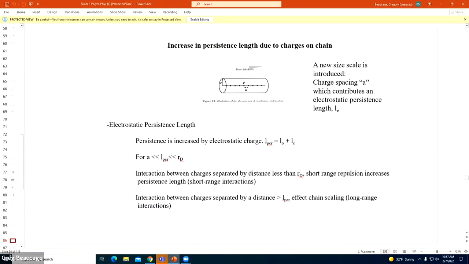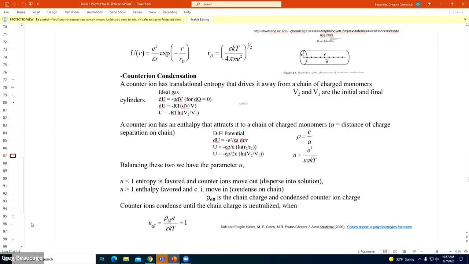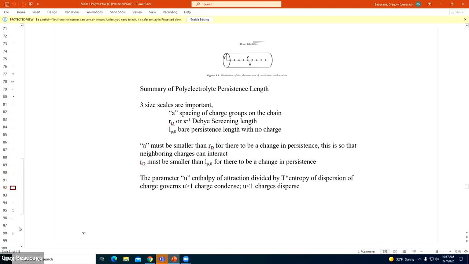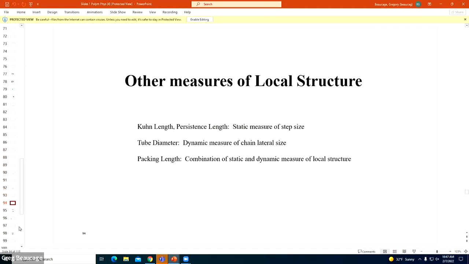So anyway, there are two other size scales to look at in here. The chain alone in solution or in a melt is going to have the Kuhn length, the persistence length. It's going to have some actual step size, and it's got a chemical bond length too, right? These are the real numbers that would matter.